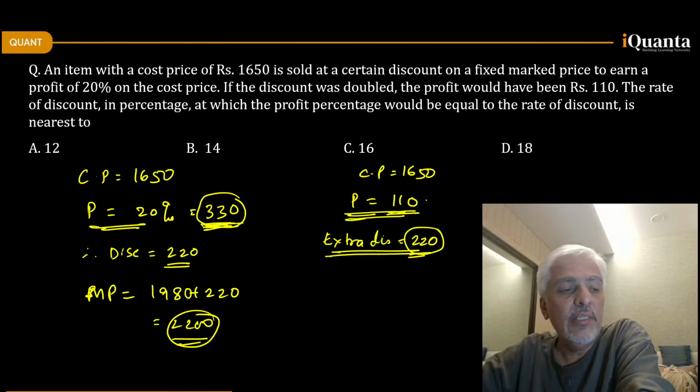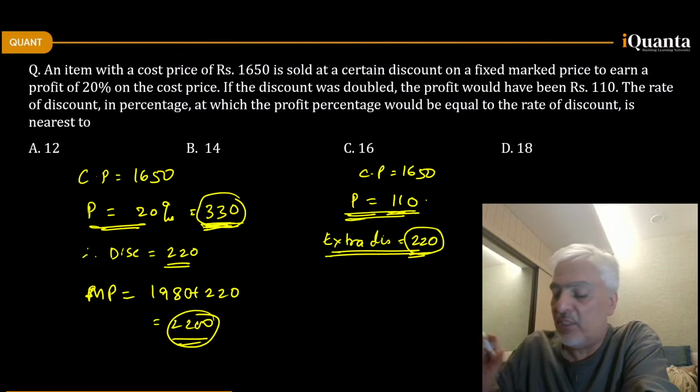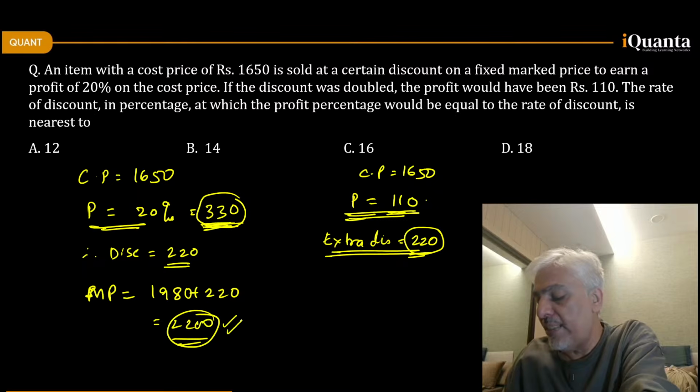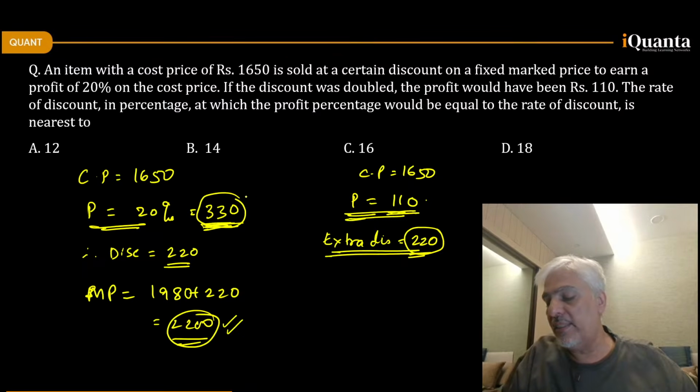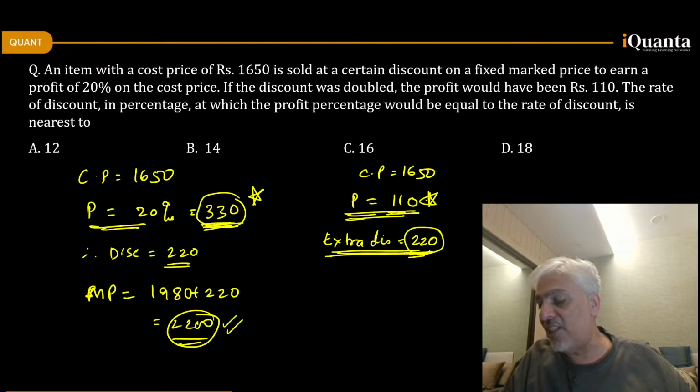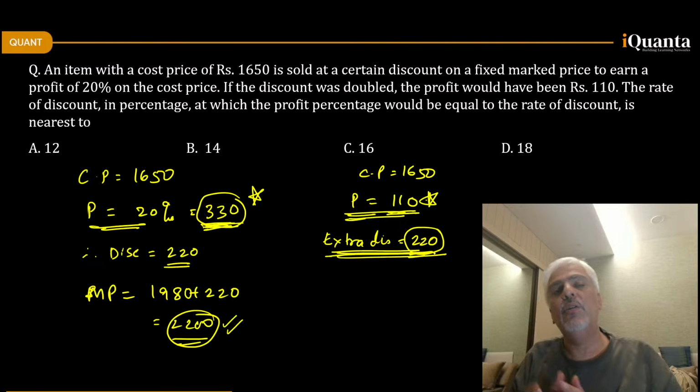Everybody pay attention. I'm not using any formulas or anything. Just pay attention. Mark price is 2200. सबको समझ में आया? एक बार देख लो. Here the profit was 330. Here the profit was 110, which means the extra discount given was 220.